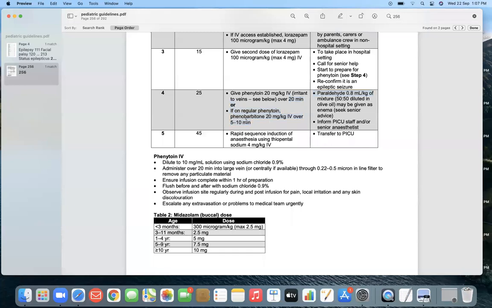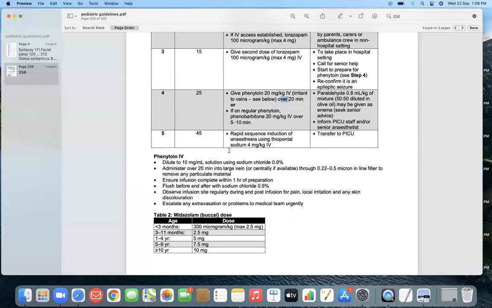But phenobarbital you can give fast, like over 5 to 10 minutes. For phenytoin, remember you will give slowly because it is irritant to veins. If the patient is on regular phenytoin, the choice will be phenobarbital, same 20 mg per kg IV, given over 5 to 10 minutes.